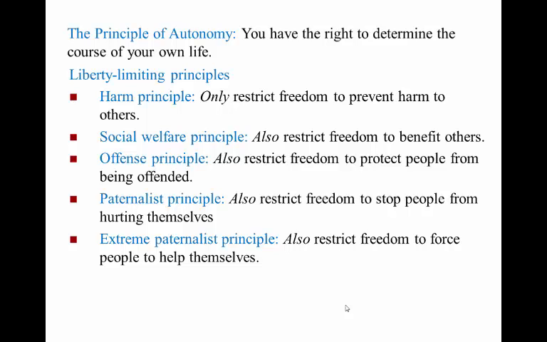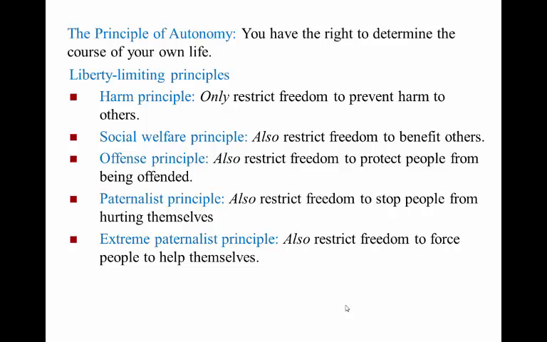Your text goes on to distinguish two kinds of paternalism, and they are defined slightly differently in different places. When the terminology is introduced on page 46, they talk about regular paternalism and extreme paternalism. The difference here seems to be keeping people from hurting themselves and demanding that they improve themselves.